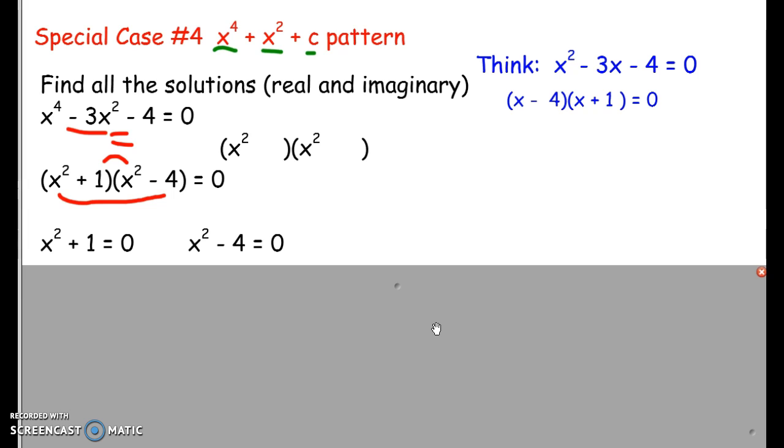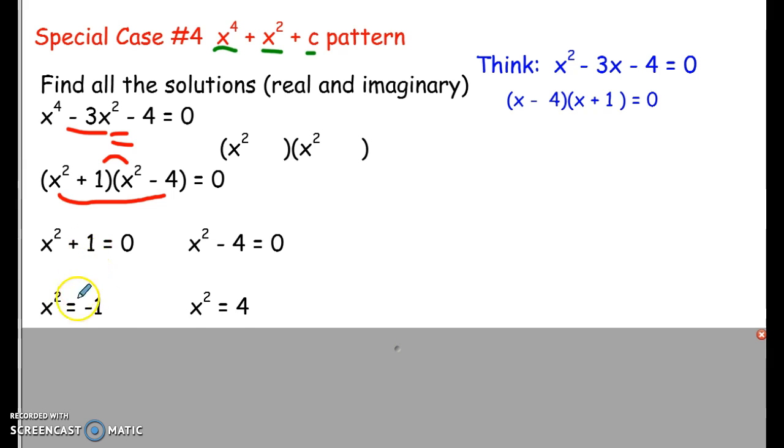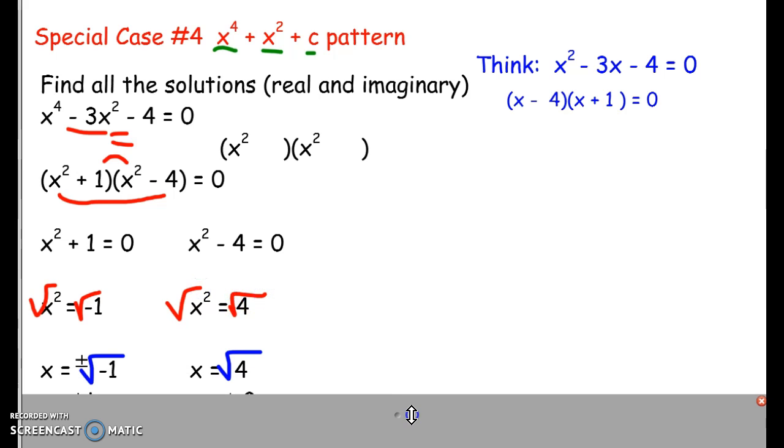Those are just quadratics, but since they have only x squared, we can keep using our algebra steps. We will subtract 1 from both sides and add 4 on this one. Now just take the square roots of both sides, like we've been doing all day. So we get x is plus or minus the square root of -1.